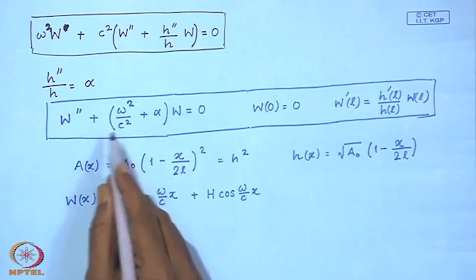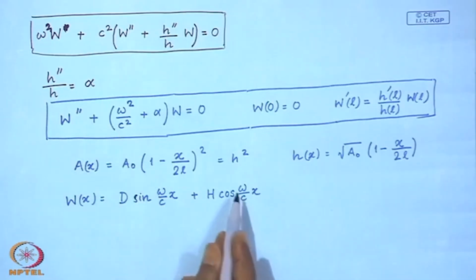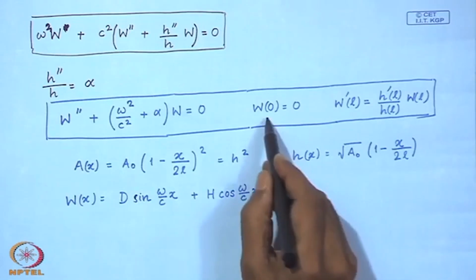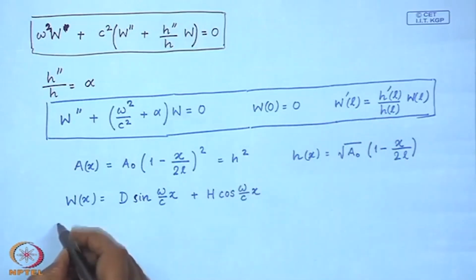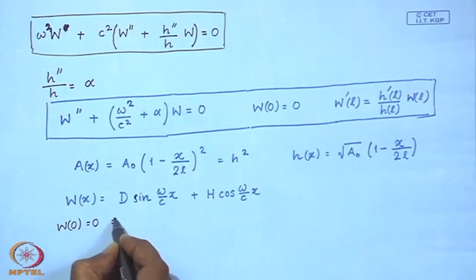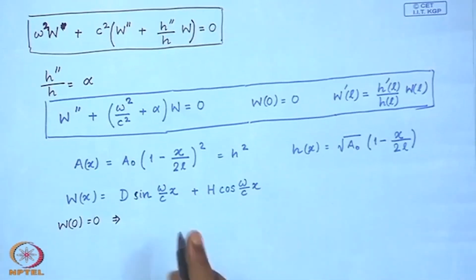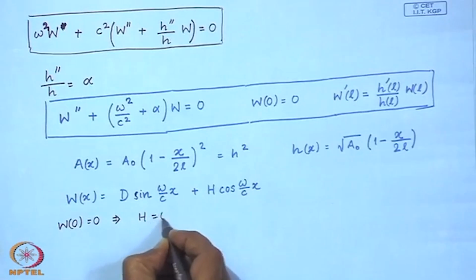The general solution of this differential equation is given here. Now, when you use the boundary conditions, W(0) is 0 would imply that the constant multiplying h is 0.